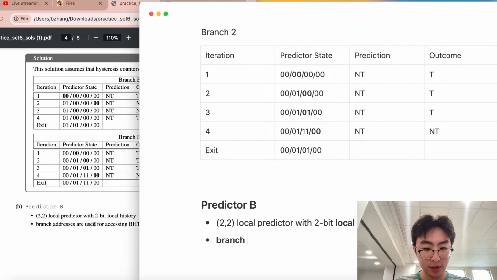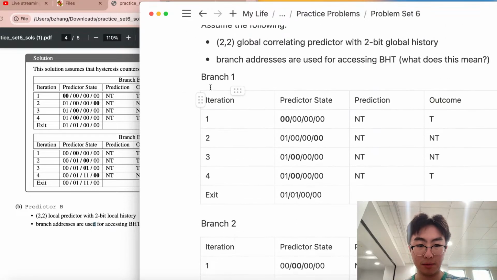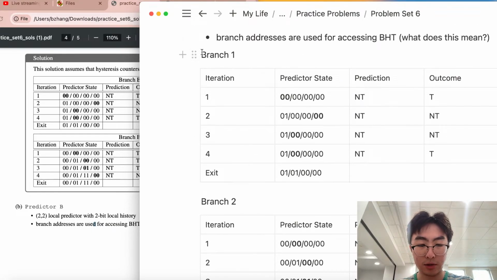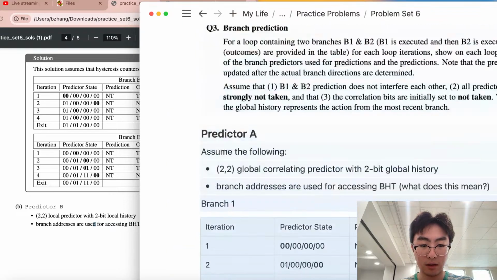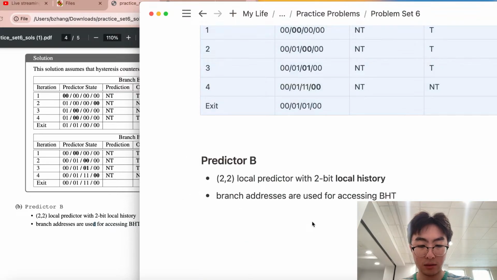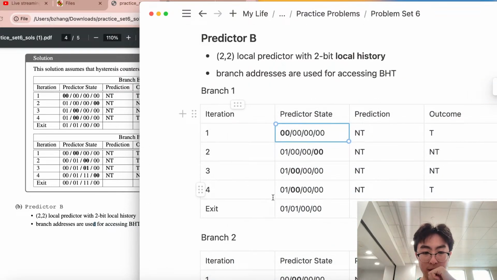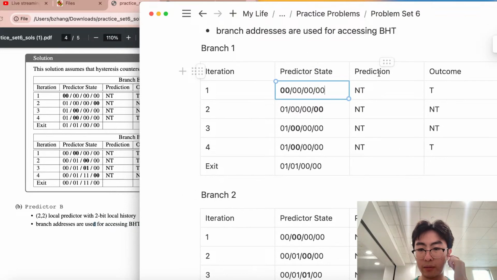And then branch addresses are used for accessing BHT. Okay, so I think we could just straight copy and paste this in here, and then we'll just clear. Oh no. Okay, nice. So let's just copy and paste everything here, and then we'll work backwards.